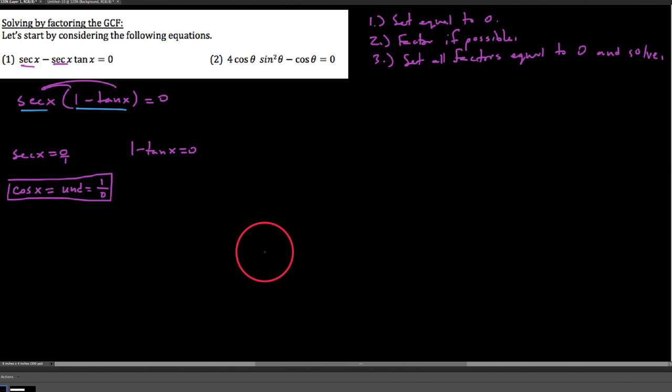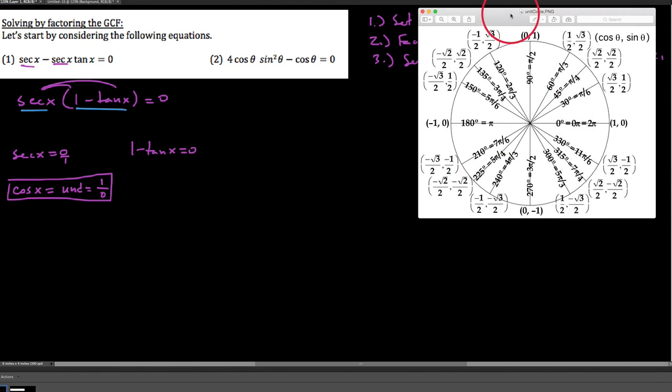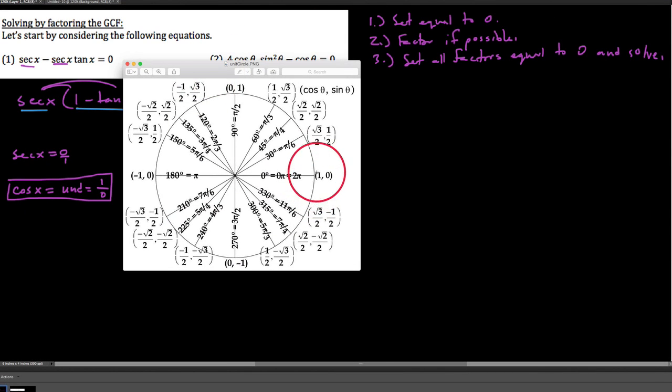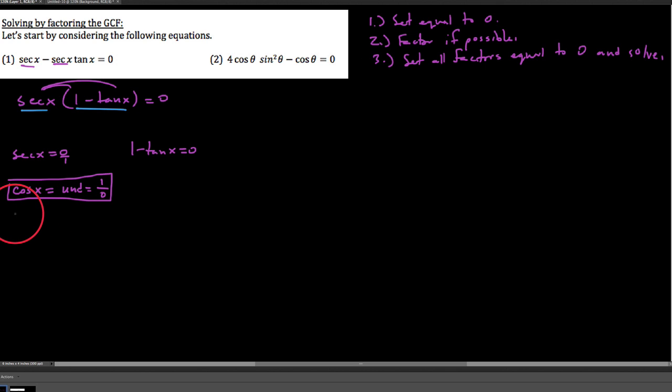If you look at your unit circle, cosine values are all of our x values, and it doesn't matter what angle we go to. Every point on the outside of the unit circle has an x value, so every angle has a cosine. That's to say there is no solution for this equation right here. There is no answer to this question.